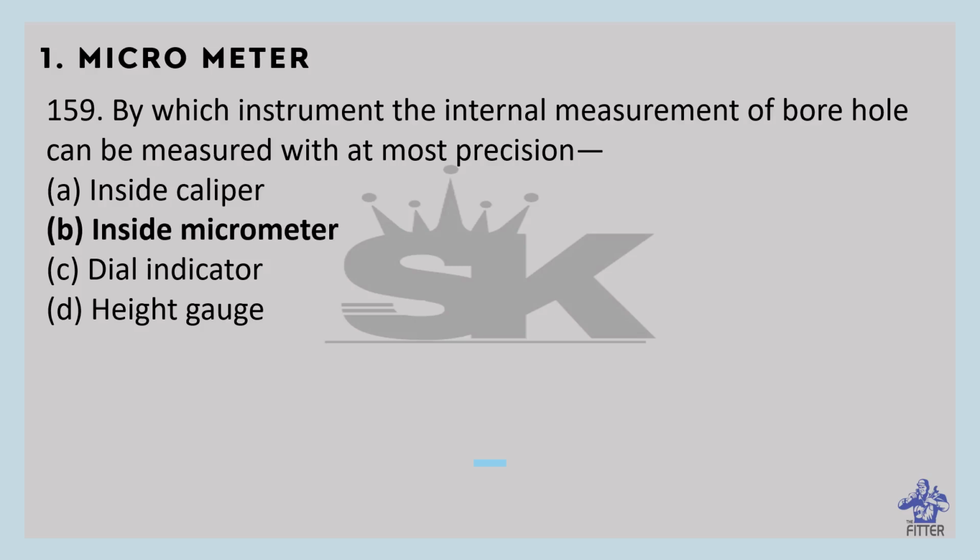So that is the inside micrometer. Okay. An inside micrometer is a device designed to precisely measure things such as the inner diameter of holes, where a standard micrometer might be used to measure the outer diameter of a bolt, and an inside micrometer could be used to measure the inner diameter of a nut. Okay.